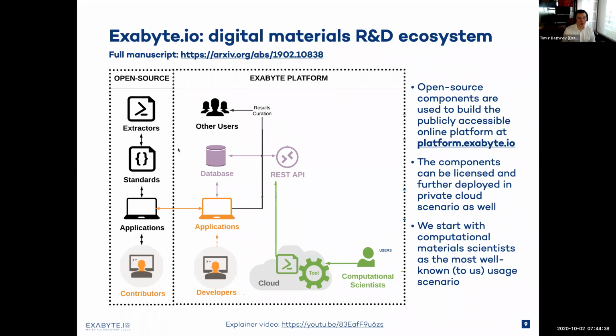So what we do then, we take these open source components and we deploy them as part of the exabyte.io platform online, so that anybody in the world can navigate to platform.exabyte.io and access these components in a coherent framework where they work together. And we start with the computational material scientists as the most well-known to us usage scenario.